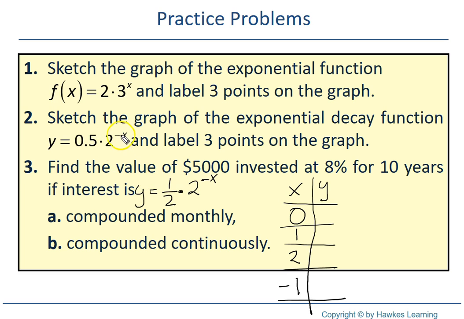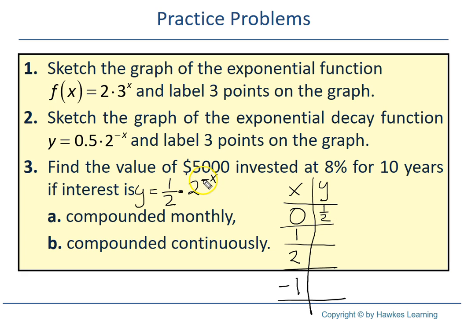And this is 2 to the negative x now. So when we put negative 0, anything to the 0 power is 1. So this is just 1/2 of 1 is going to be 1/2.